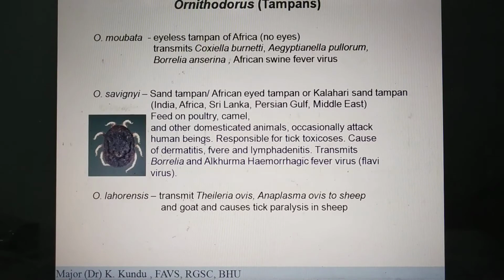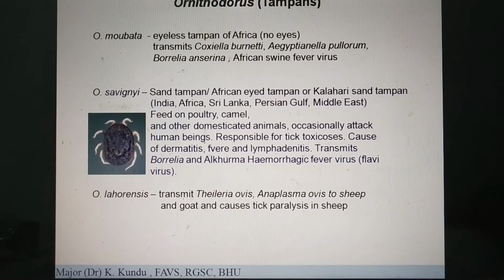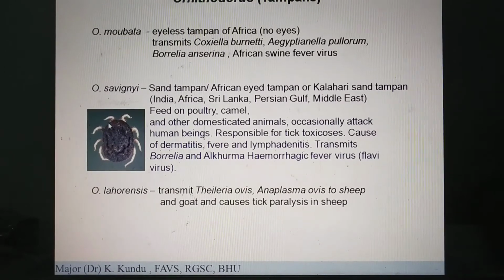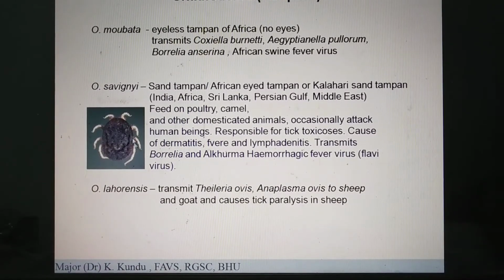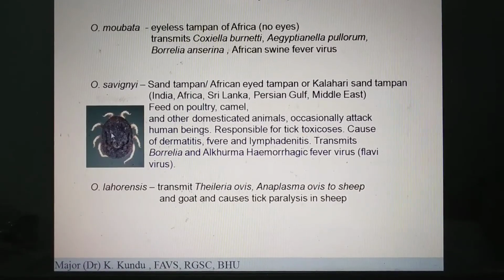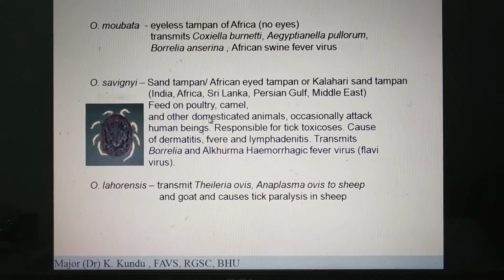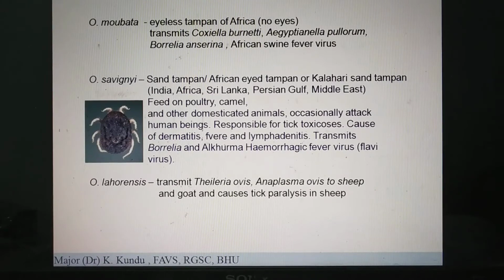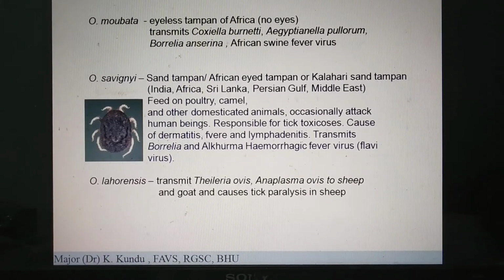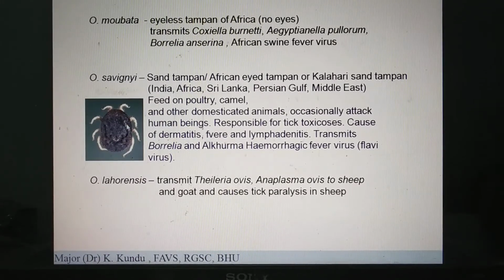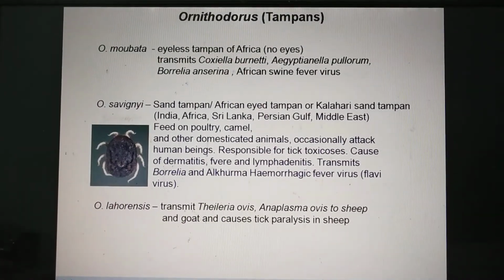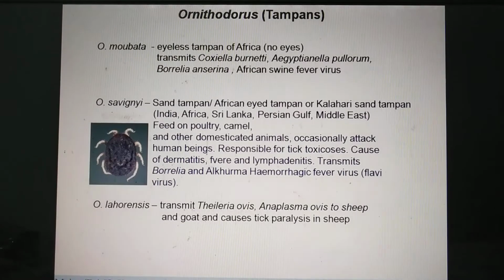And this is mainly found in the Kalahari Desert, Middle East, Persian Gulf, India as well as Africa. Since they are found in the desert areas, they mainly parasitize the camels as well as poultry. However, other domesticated animals like cattle, sheep, goat, or even human beings can be attacked, and these are responsible for tick toxicosis. This tick toxicosis we'll discuss in detail when we talk about the importance of ticks.